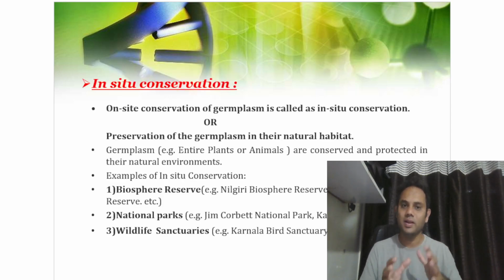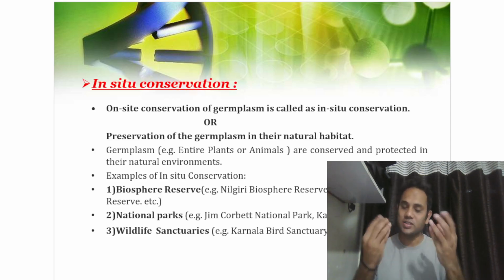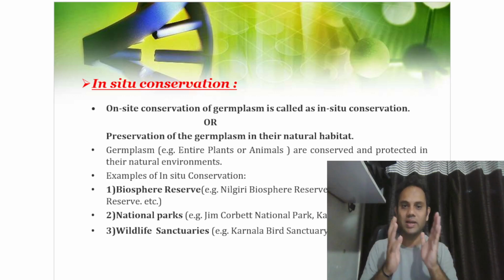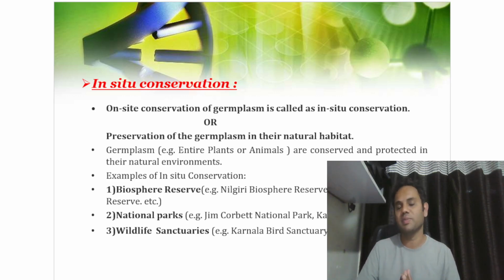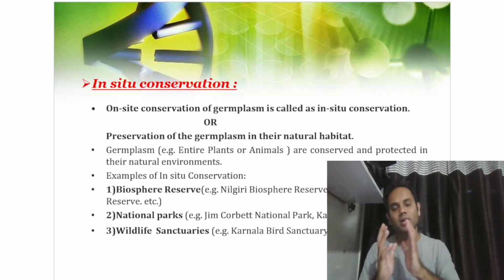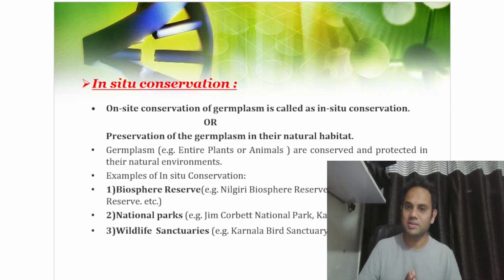We'll start with in situ conservation. As I told you, on-site conservation of germplasm, or the preservation of germplasm in its natural habitat, is called in situ conservation. Examples are biosphere reserves, national parks, and wildlife sanctuaries.